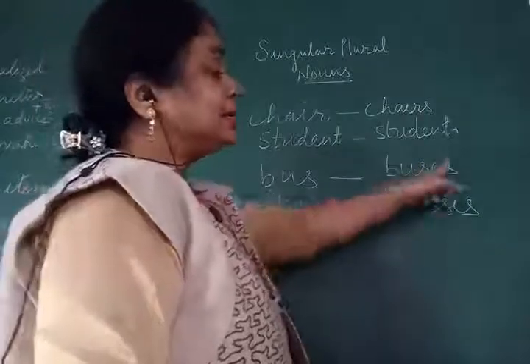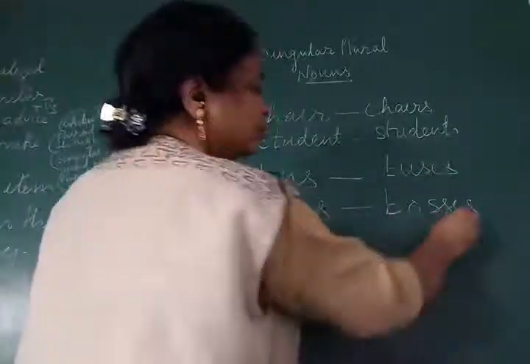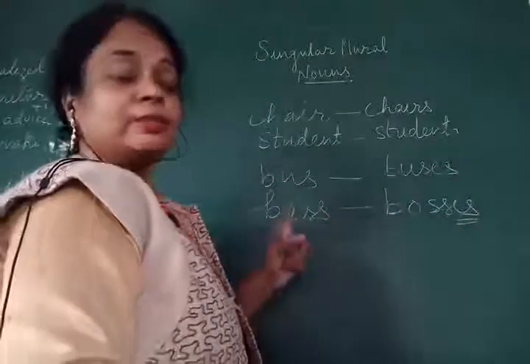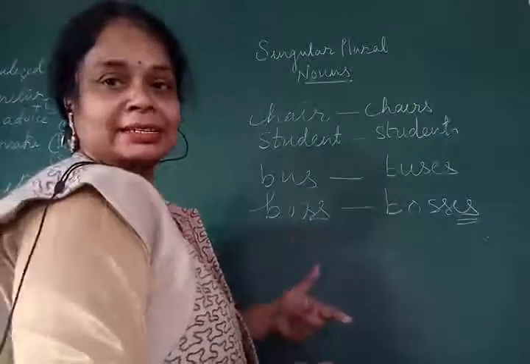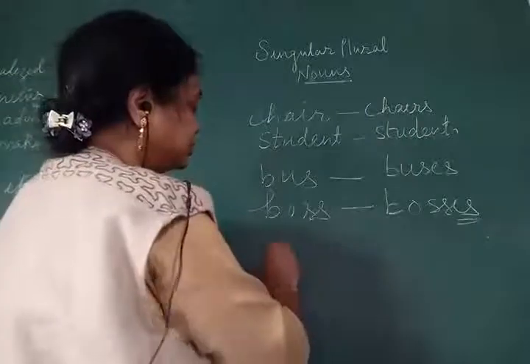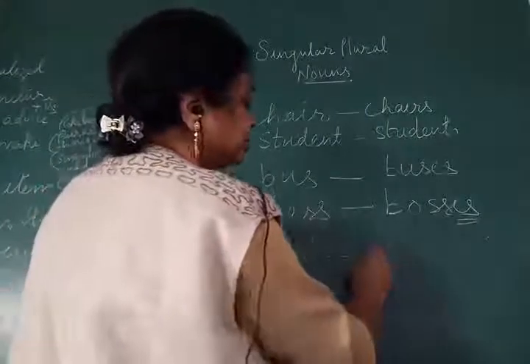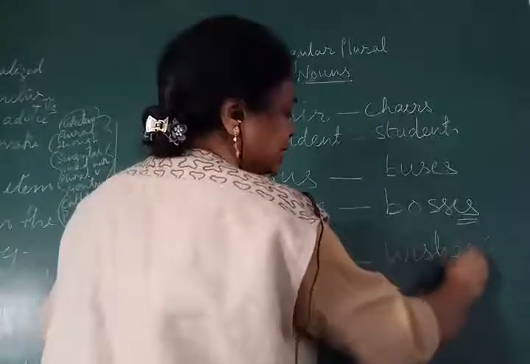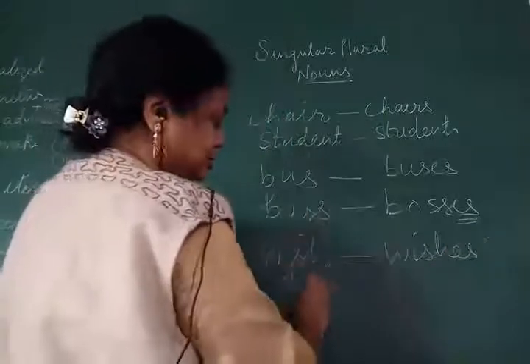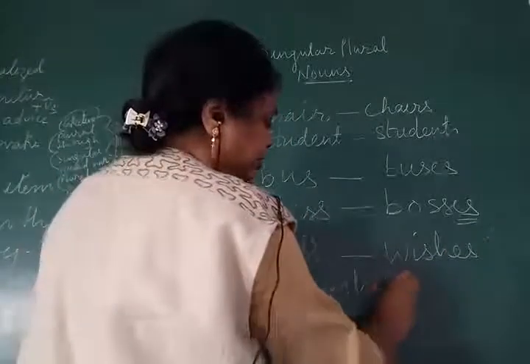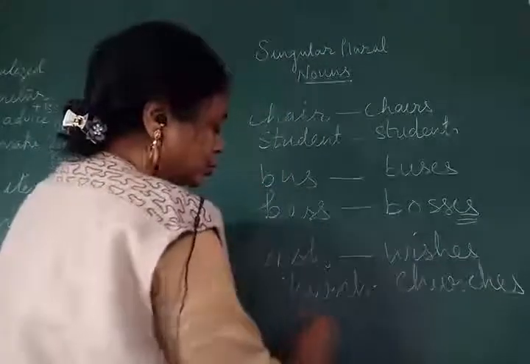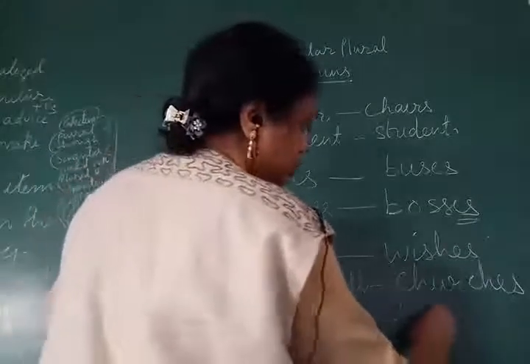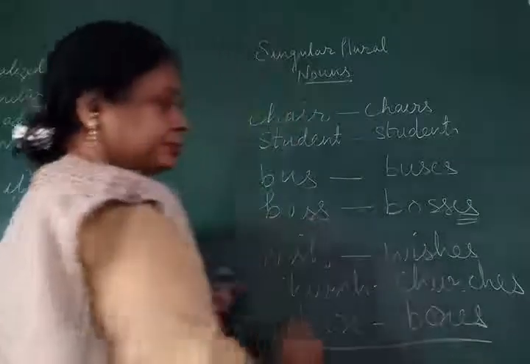Es is also added to the words which end with sh, x or ch. Like for example, wish will change to wishes, adding es. Church will change to churches, adding es. Box will change to boxes, adding es.